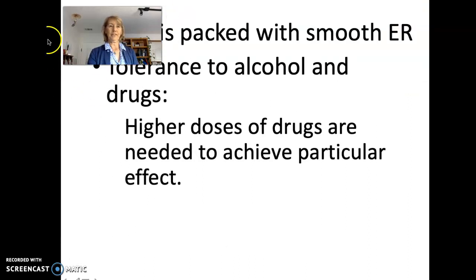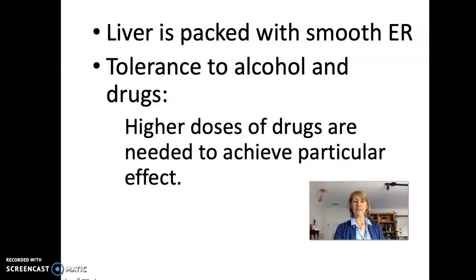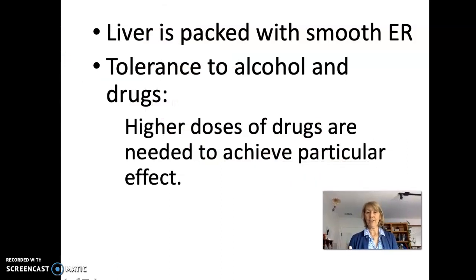The liver would be an organ that is packed with the ER because that's its function, one of its many functions. So when you talk about tolerance to alcohol and drugs, it's because an individual is able to process that more quickly. So an individual who drinks a lot is able to detoxify more quickly and continue drinking. What a thought.